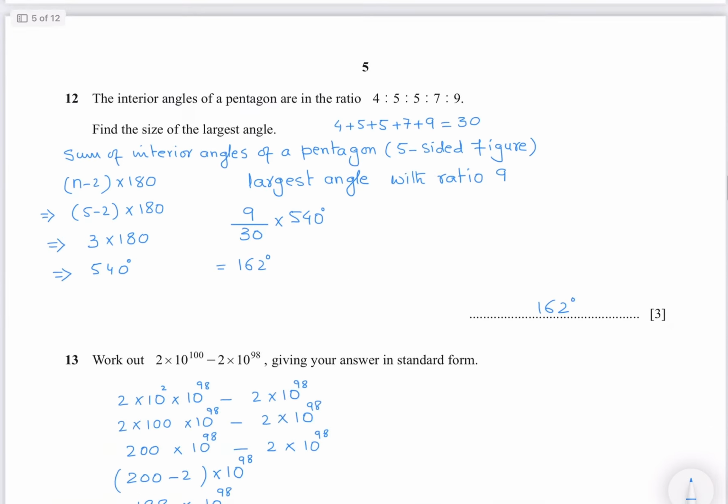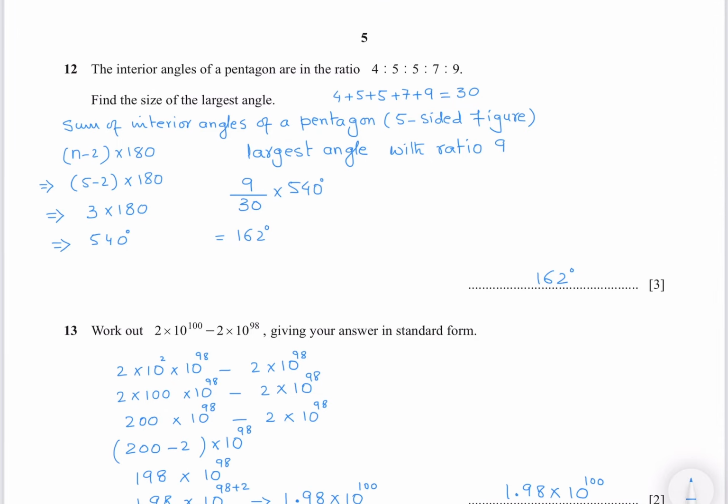Question number 12. Interior angles of a pentagon are in the ratio 4, 5, 5, 7, 9. Find the size of the largest angle. So add up all the ratios given, and this is 30. You should know the sum of the interior angles of a pentagon, a 5-sided figure.